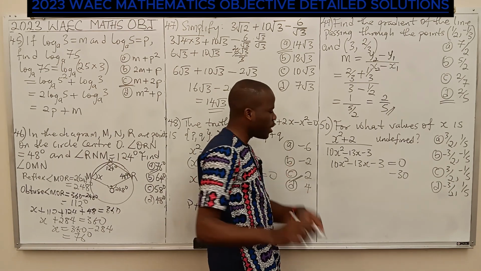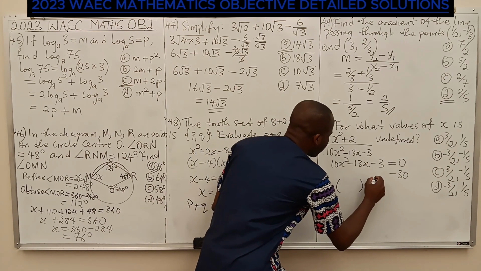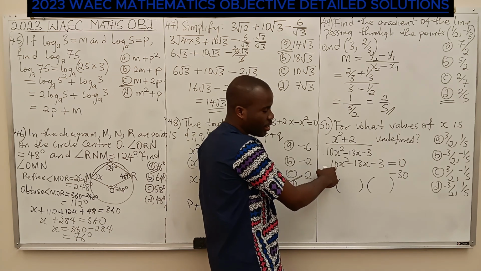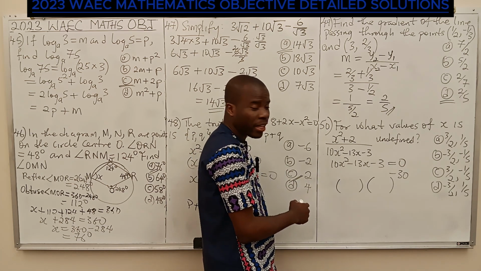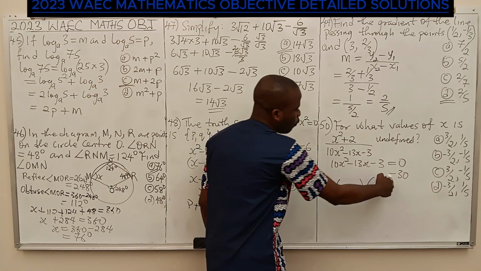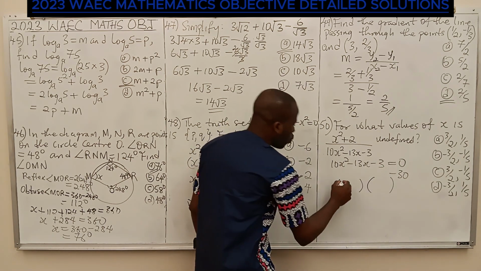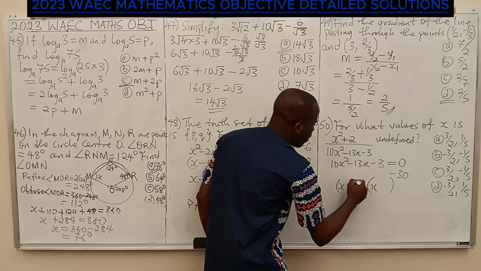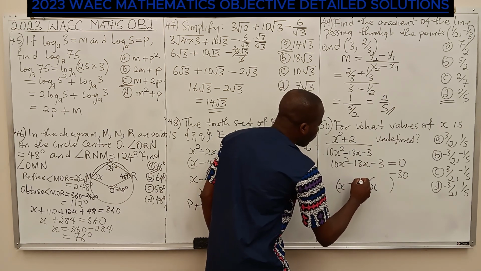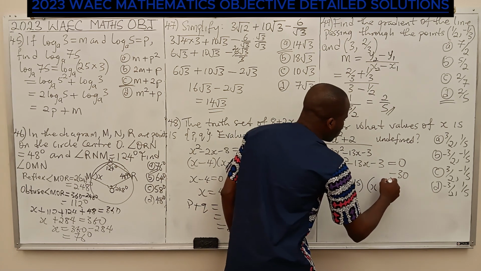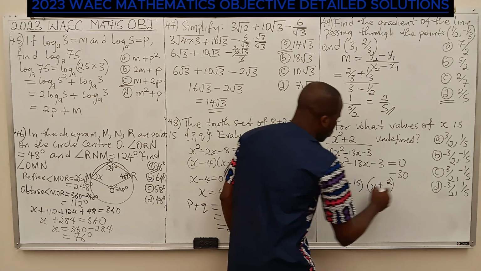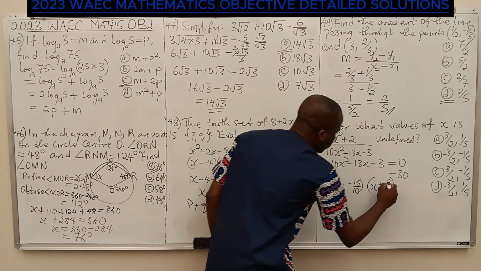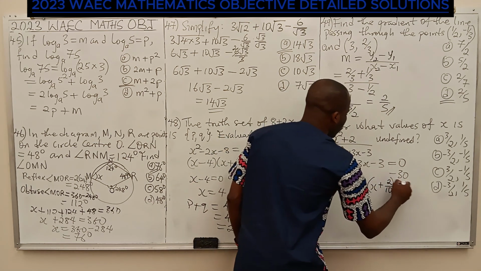An easy way to do that is to open your bracket. Take note that the coefficient of x squared is 10. At the end of the day, we will divide the numbers here by 10. So we'll put our x, and the two numbers are minus 15 and plus 2, over 10 over 10 equals 0.